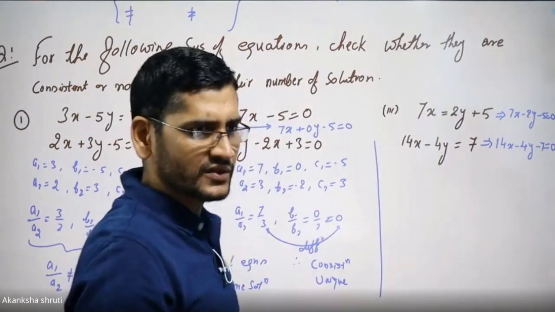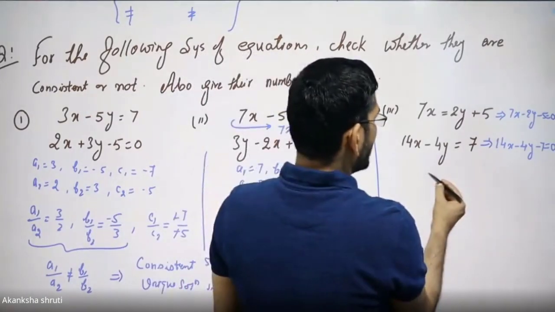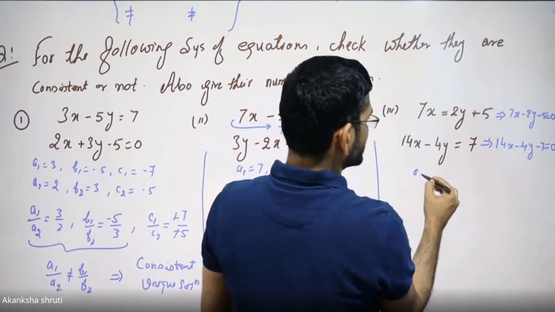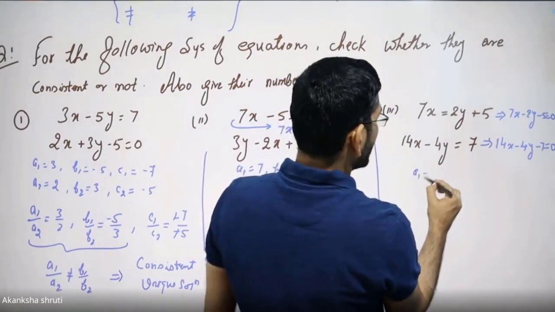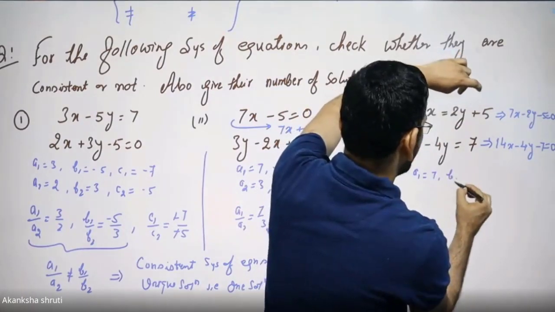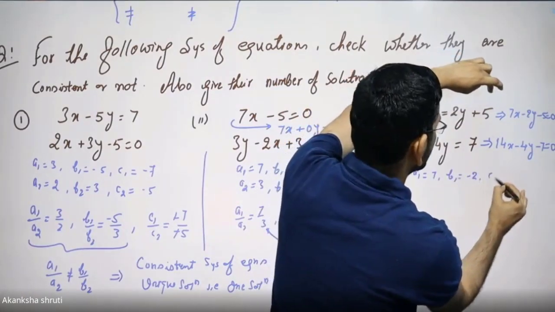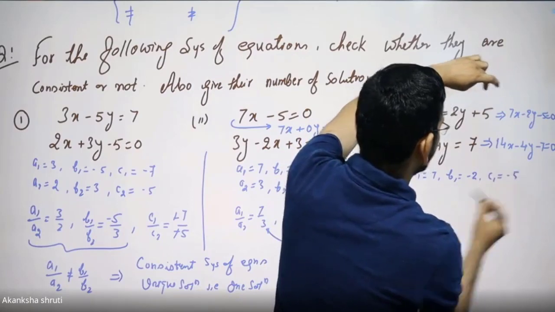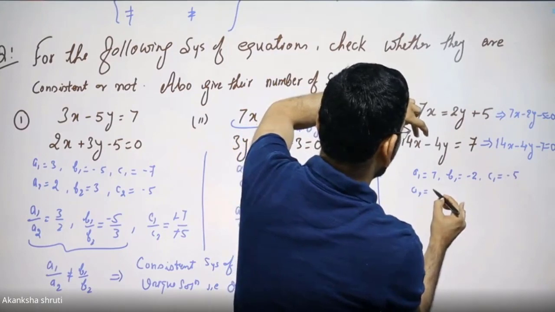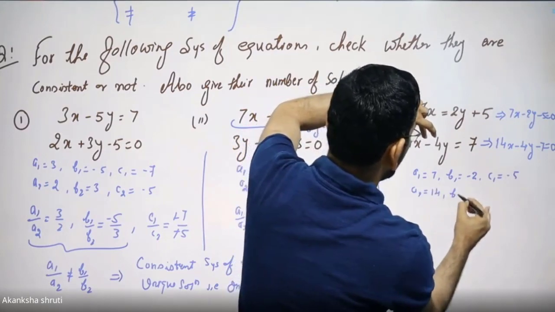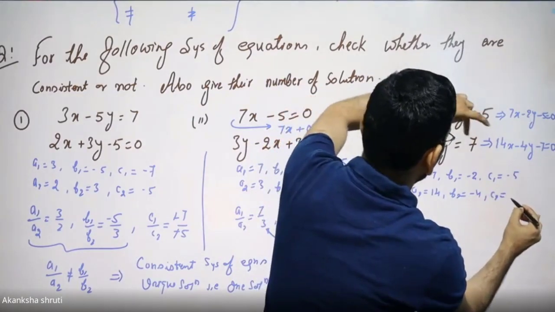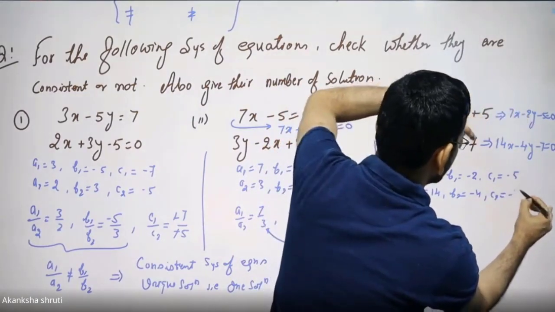Now, we have to take A1, A2, B1, B2, C1, C2. A1 from the first equation, observe this standard form: 7, B1 minus 2, C1 minus 5. Coming to the second equation, A2 is 14, B2 minus 4, C2 is minus 7.